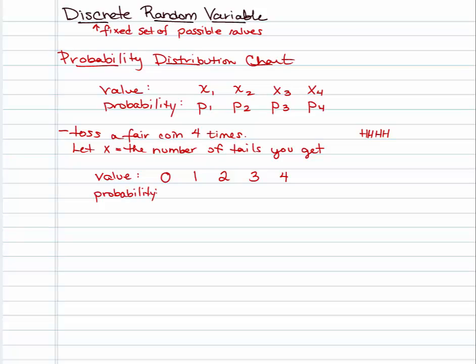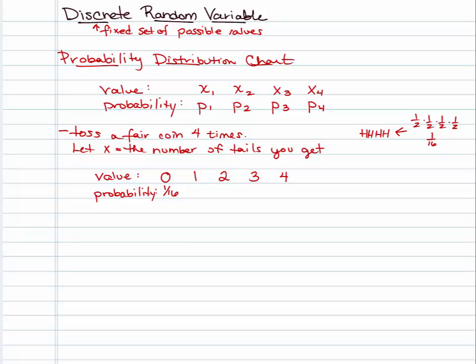So you can think of a probability chart. You can list all of these out. It's up to you. But the probability of me getting 0 tails would be only this one shot. And when I think of my probability for this, it's out of 16 possibilities, so my probability is 1/16. And you could also put that as a decimal, 0.0625.